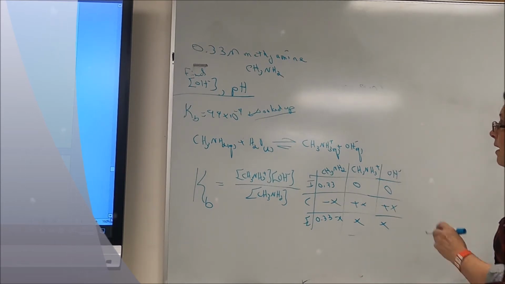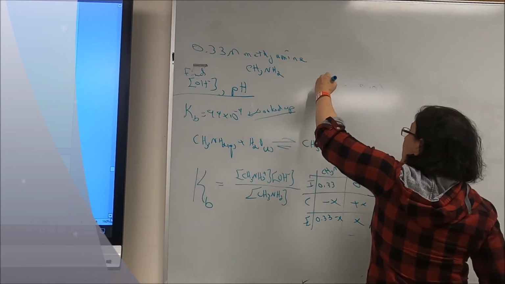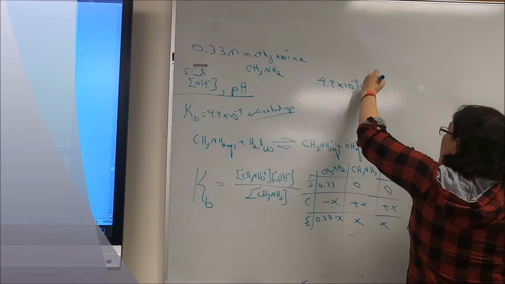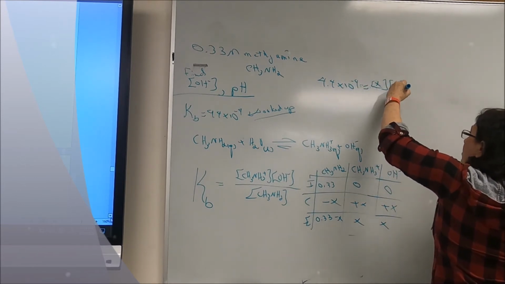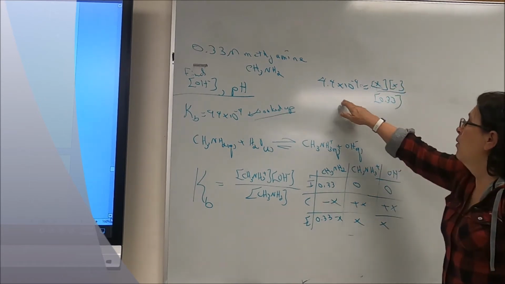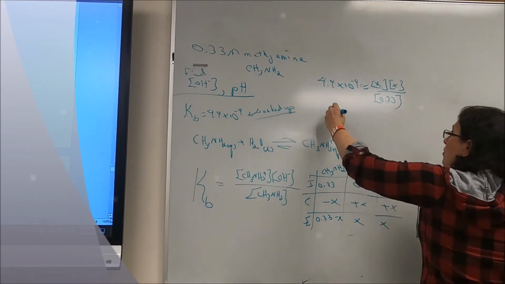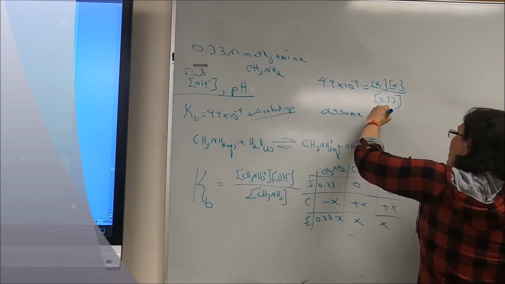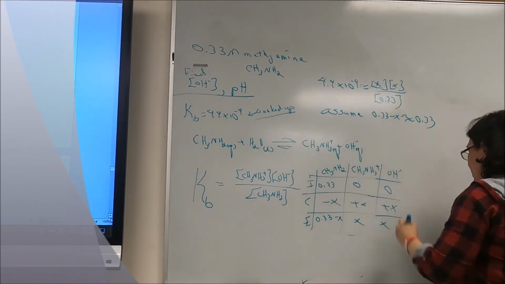Now, if I plug into my Kb expression, I get 4.4 times 10 to the minus 4 is equal to x times x over 0.33. Now when I look at this, there's about a 1,000-fold difference here. So I'm going to assume that 0.33 minus x is approximately 0.33.